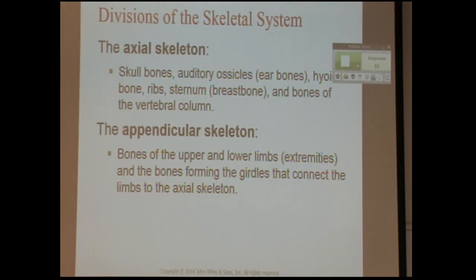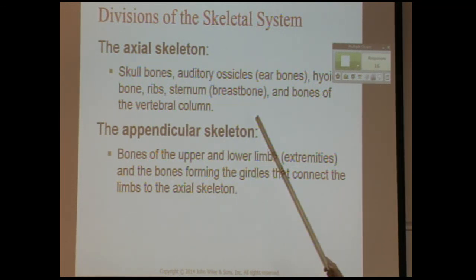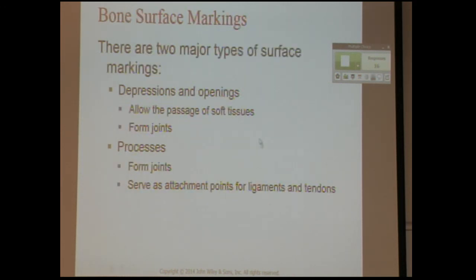Things like your hip bone or your shoulder blade are appendicular. Axial is everything else: vertebrae, facial bones, skull bones, ribs. That's what we're working on today.